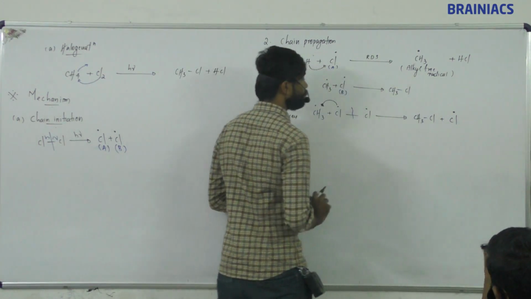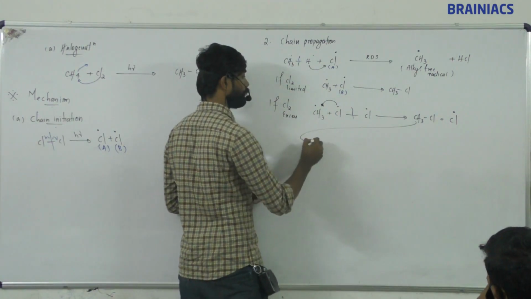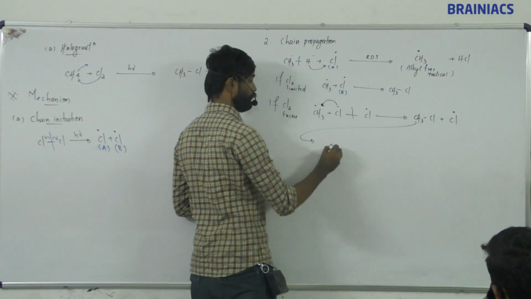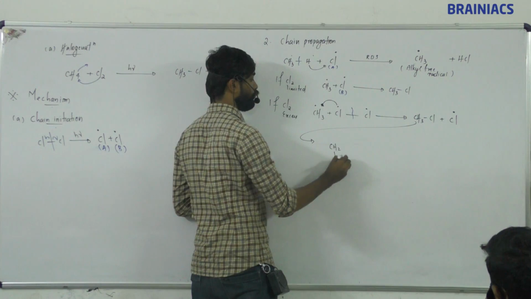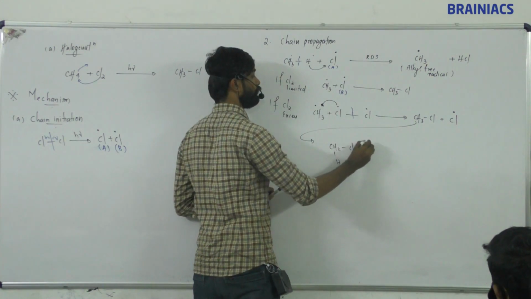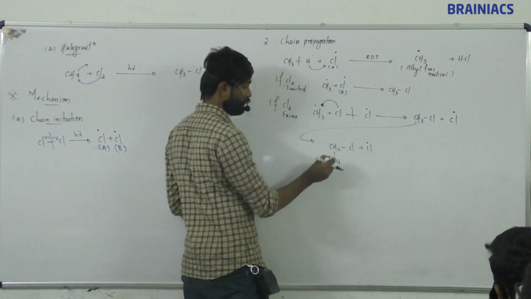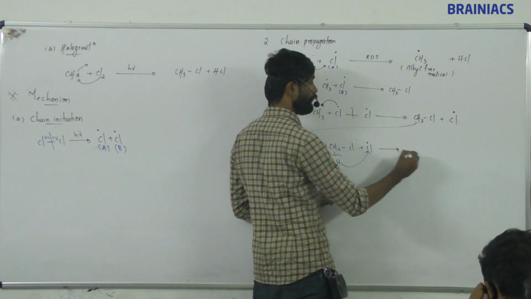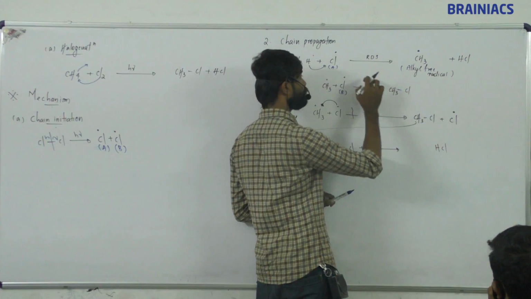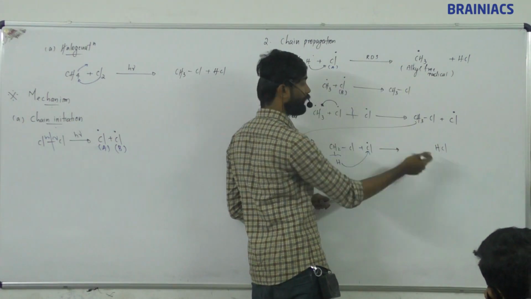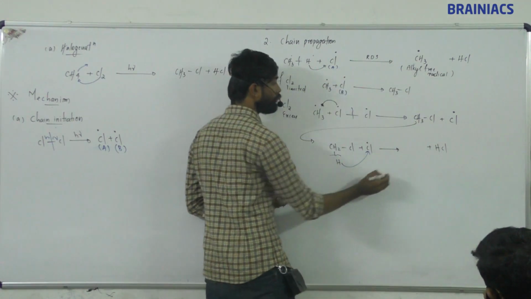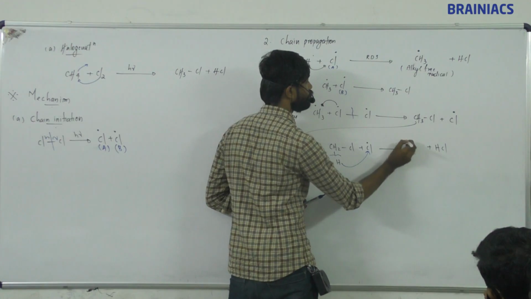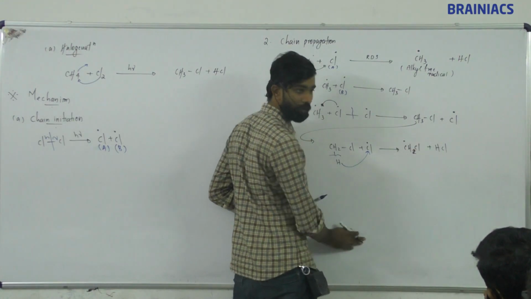Then this free radical absorbs another hydrogen, the very same step, to become HCl plus CH2Cl free radical.